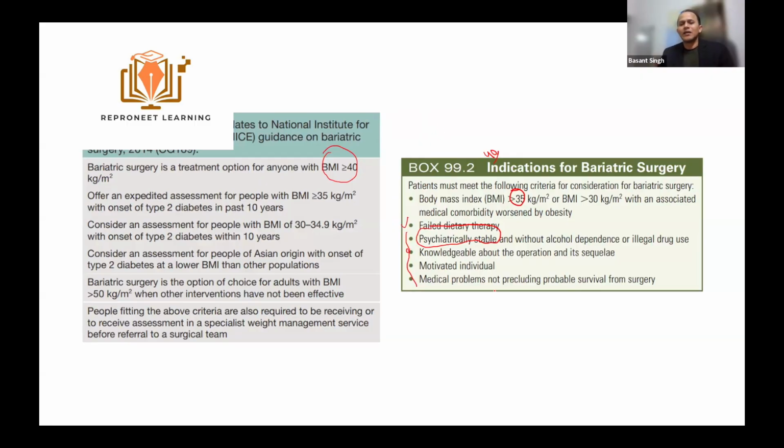And if you read your books, they have mentioned two other conditions as contraindications. One is Pickwickian syndrome, where patients have a tendency to overeat because of a hypothalamic problem. And the other is if the patient cannot move in the post-operative period due to debilitating arthritis. These two are also contraindications for bariatric surgery. All right.